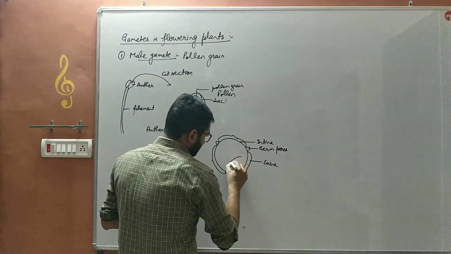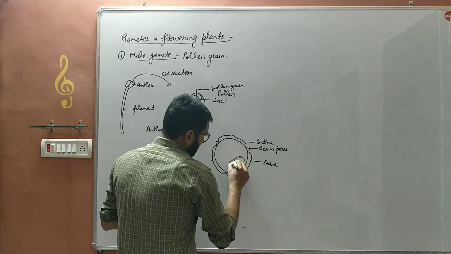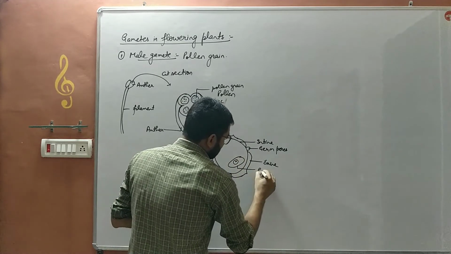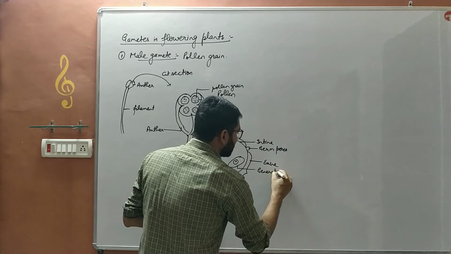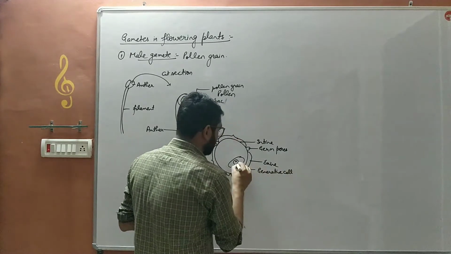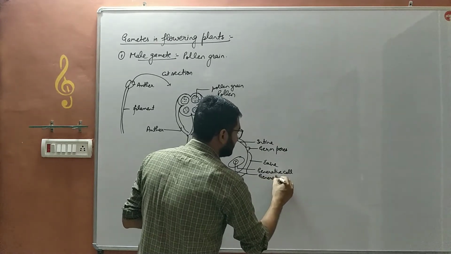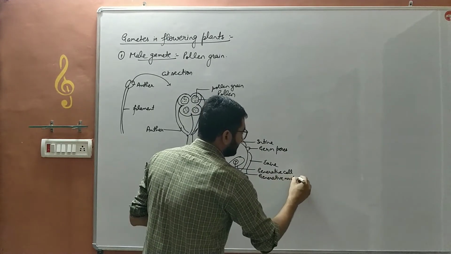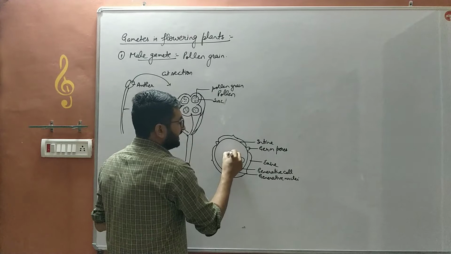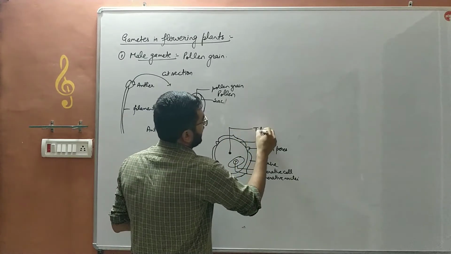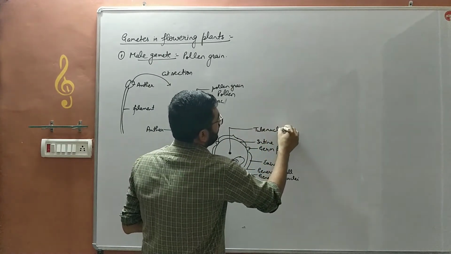Then it has a generative cell inside it which has its own nuclei known as generative nuclei, and inside it has another nuclei that is known as tube nuclei.